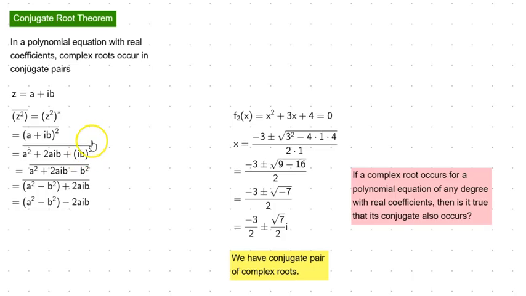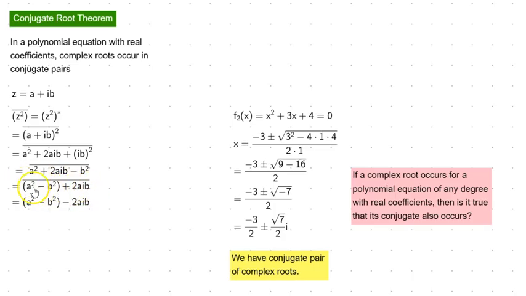Now (ib) square is i square b square, and i square is minus 1, so this becomes minus b square. We have the conjugate of a square plus 2aib minus b square. Rearranging it, we get the conjugate of (a square minus b square plus 2aib).